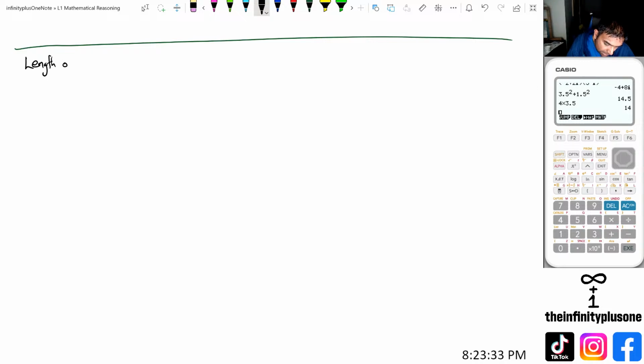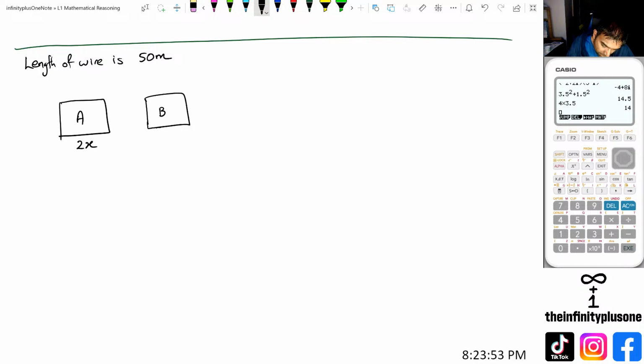The length of wire is going to be 50 meters. I hope this is going to work. So instead of x, I'm going to have this as 2x. So this is going to be square A and square B.